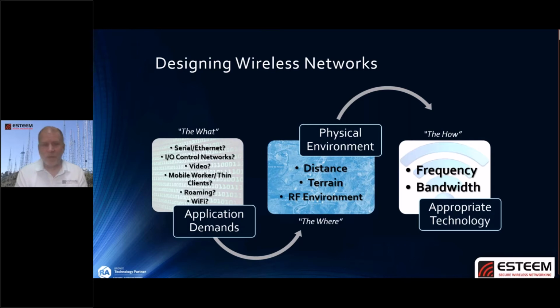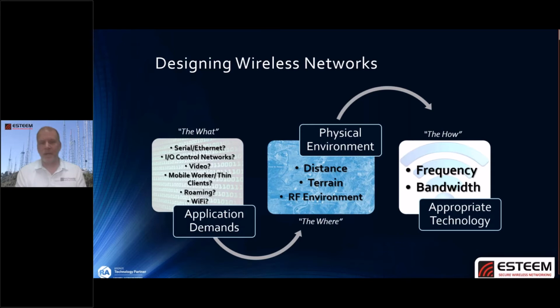Are we going to have video on this? Are you envisioning having mobile clients or thin clients out there on your network itself? Are we dealing with a roaming vehicle that's out there, whether that be a work truck or an AGV? Do you want this to have Wi-Fi capabilities, whether for your workers or into an office or different location? So that what is the first question that we really want to answer.